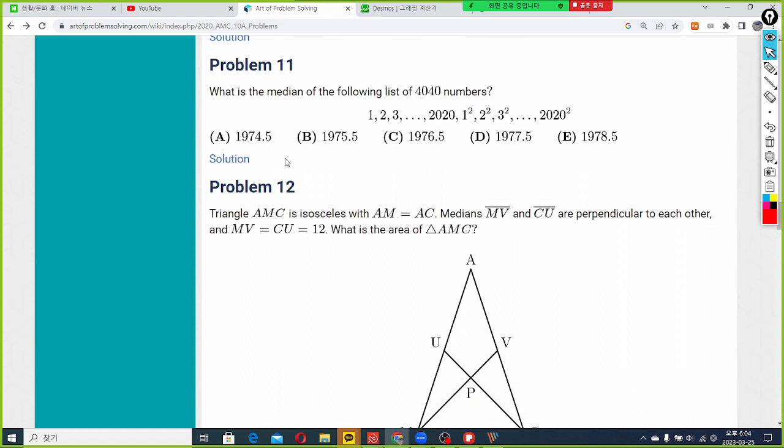Yeah, number 11. So this means how many squares are inside the 2020? That's the key.